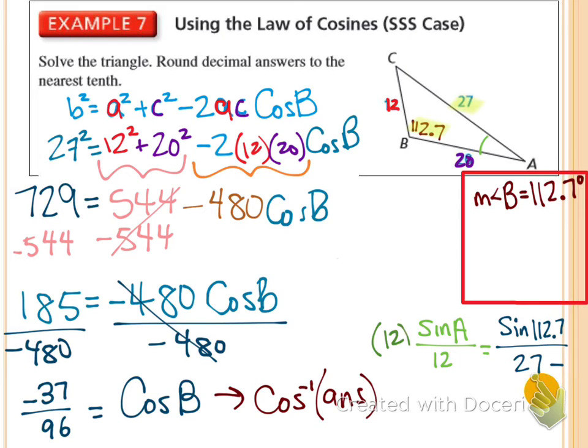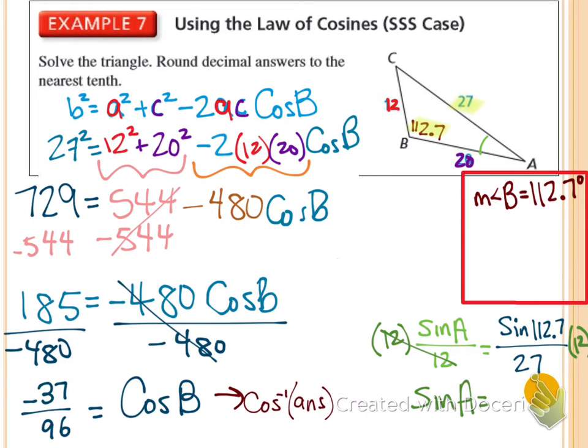Multiply times 12. So what do we get when we do sine of 112.7 divided by 27 times 12?